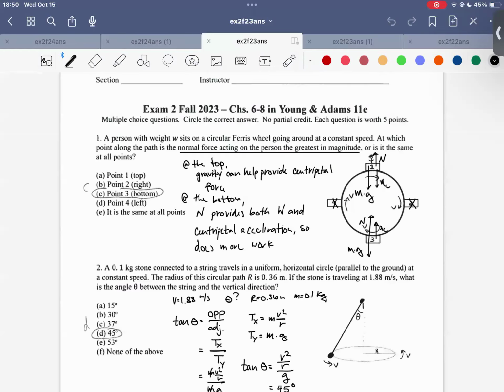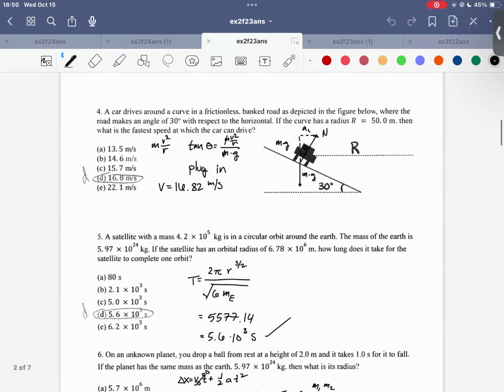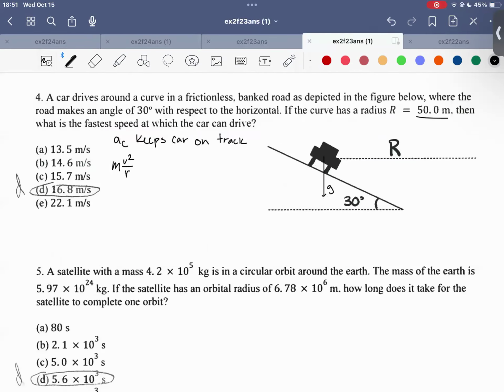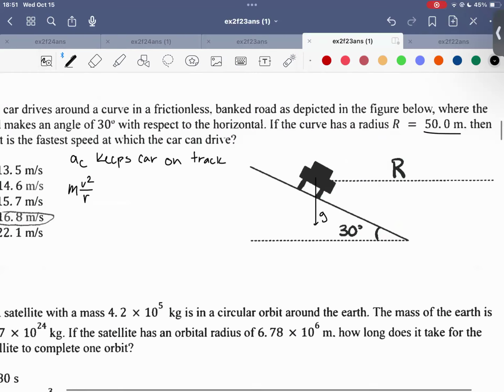So just to check, yeah, we're going to say that this is the normal force out, and this is theta, right, opposes, and v squared over r.